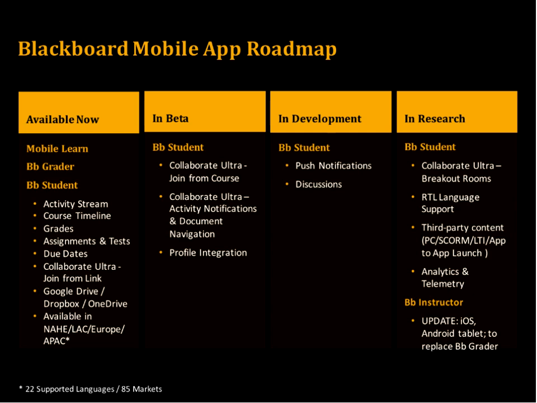One thing that we didn't discuss is that it also has integration with cloud services, including Google Drive, Dropbox, and OneDrive. This allows a student to author an assignment submission in one of those services, and within the mobile app, go to an assignment and post that as a submission. So a student can completely author and submit an assignment on a mobile device using one of those cloud services.